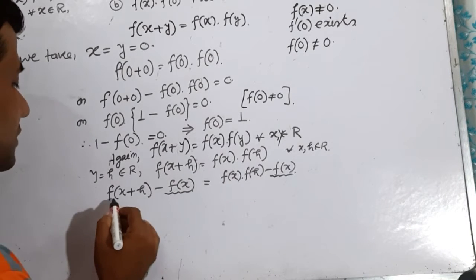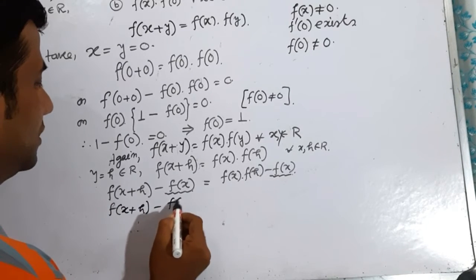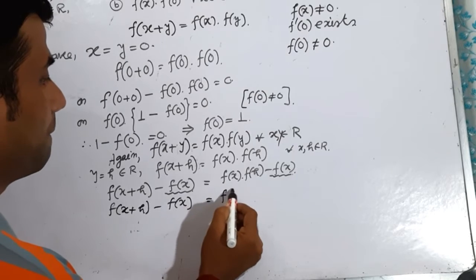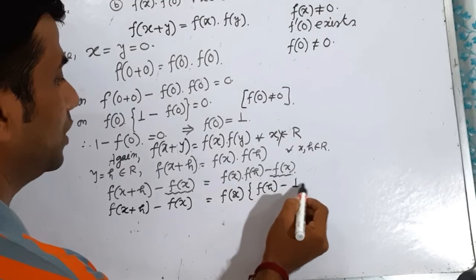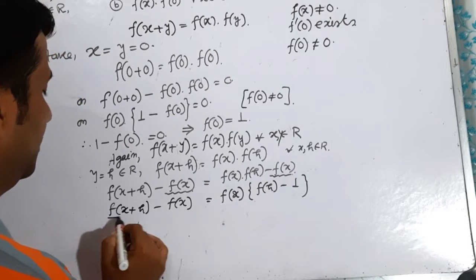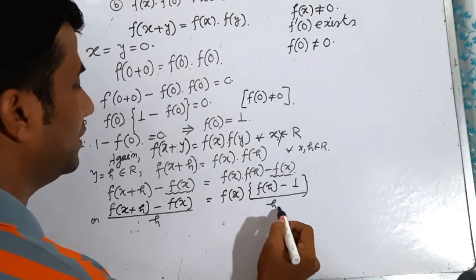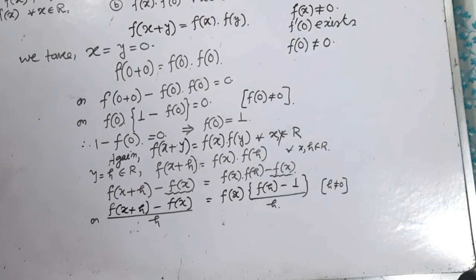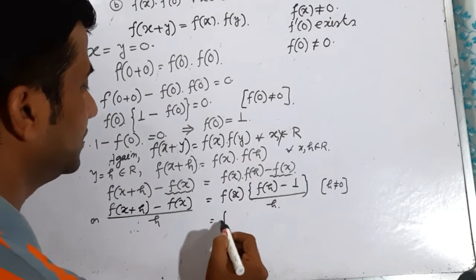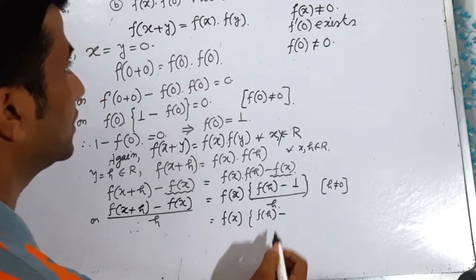Now dividing both sides by h, as we know h not equal to 0, then what we get is f(x) into (f(h) minus 1) by h.